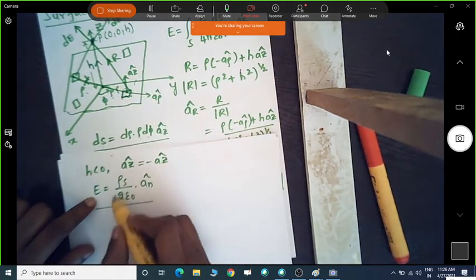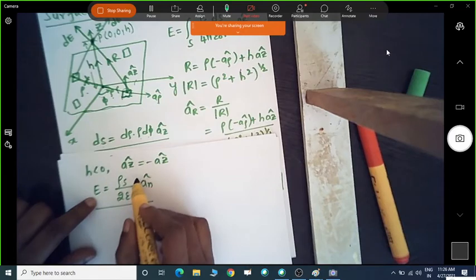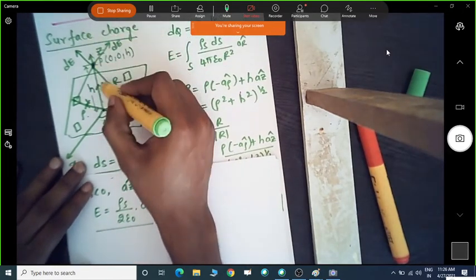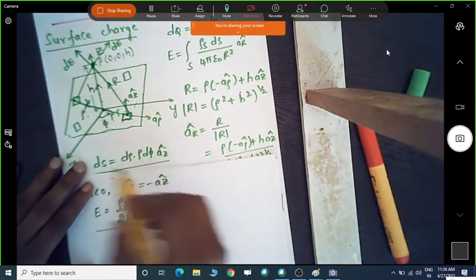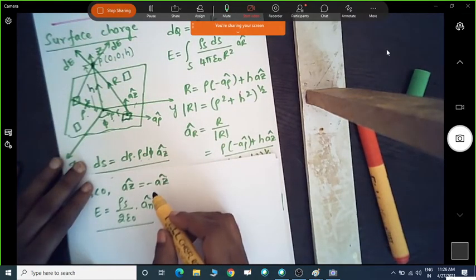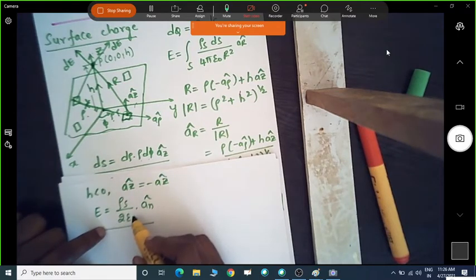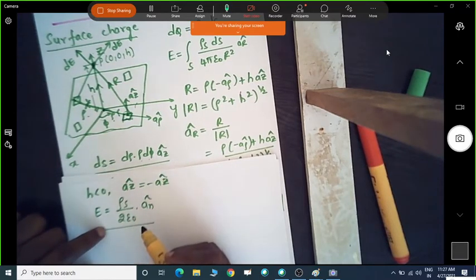There is no h parameter here. That signifies that whatever distance you take from the sheet, perpendicular to the sheet, the electric field is always this much. So wherever you take the point, there is this electric field, an independent field distribution.